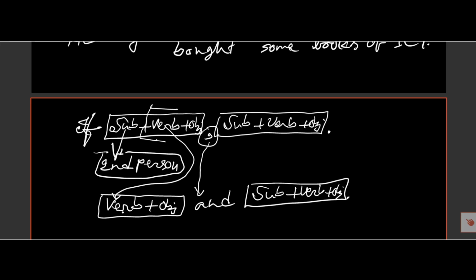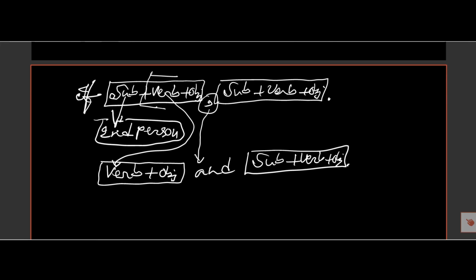So verb and object, and instead of the comma we must put here and then the other part. So this is the complex to compound if there is conjunction if.